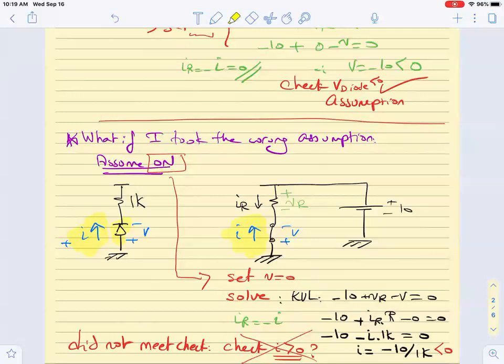That's why I verified and the answer came out wrong. Because if I did not adhere to the right diode direction, I may have falsely thought that my solution is correct. So we check if I is positive, and we have to adhere to the direction of the diode. Anyone has a question? All clear?